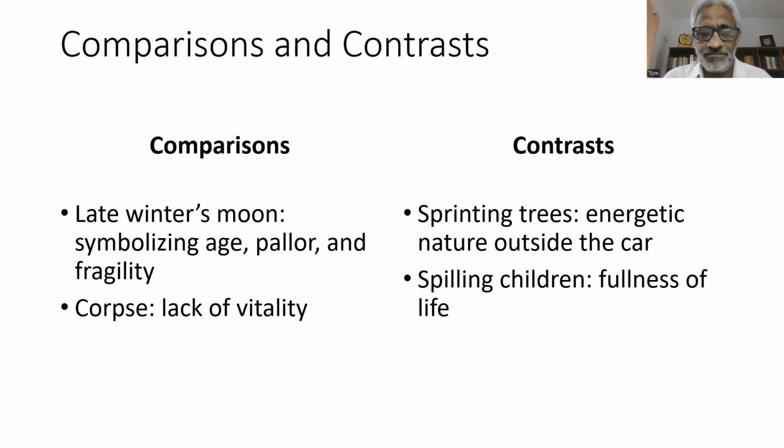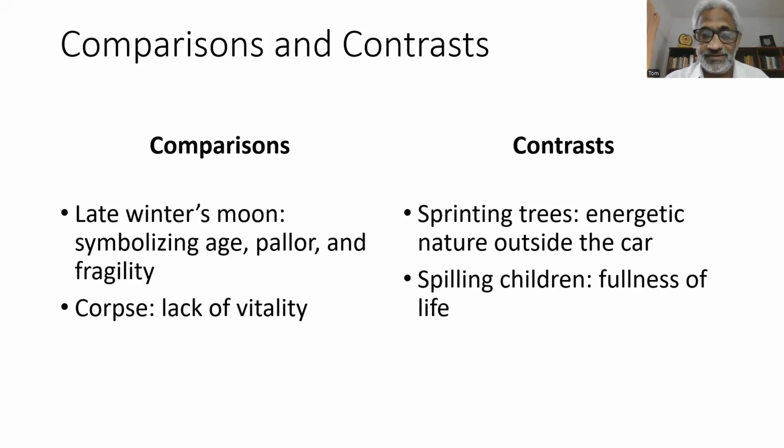The mother is compared to the late winter's moon, when the moon looks very pale, hazy, misty, the winter moon. Similarly, the mother looks pale. Pallor is paleness and fragile. Another comparison is with a corpse. Mother looks lifeless, lack of vitality.